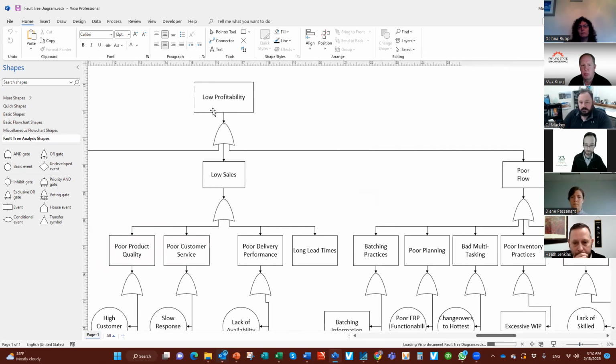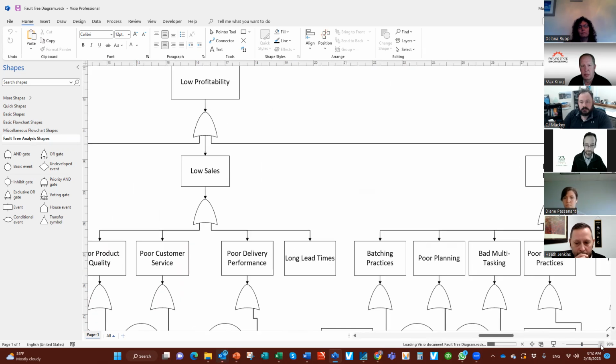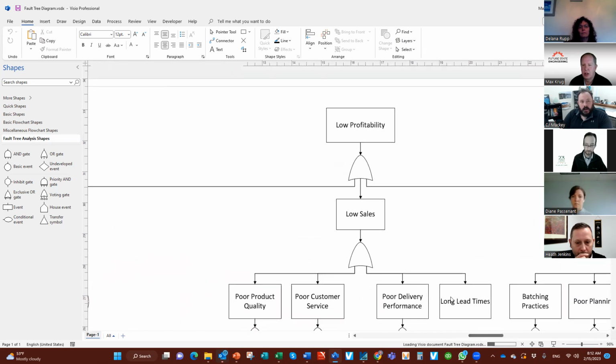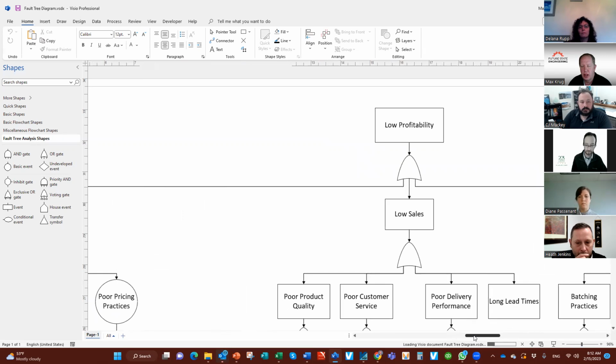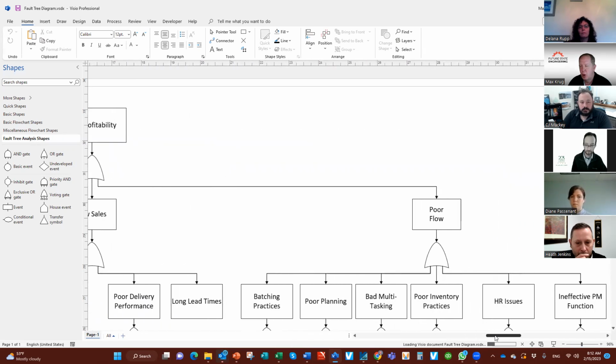So if we just take low profitability as an issue that we're dealing with, I said there are 3 contributing factors to low profitability. One is we have poor margins, 2, we have low sales, 3, we have poor flow.